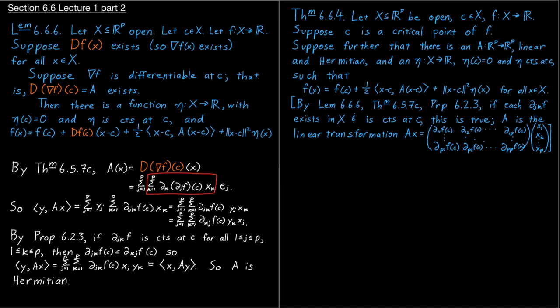If you can compute the eigenvalues of A, which you should be able to do after most linear algebra classes, if all of the eigenvalues of A are positive, then f has a local minimum at c.